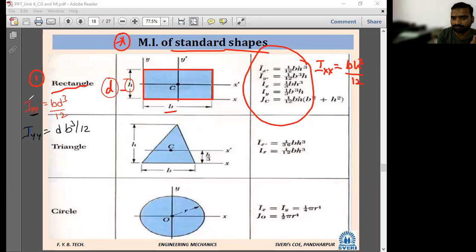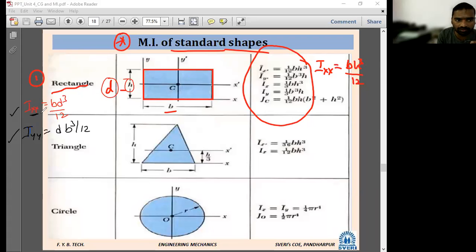Yes, this is one. Okay, all of you write down Ixx and Iyy. Only write down these two. This axis x and y means it is about the centroidal axis, that is x dash y.